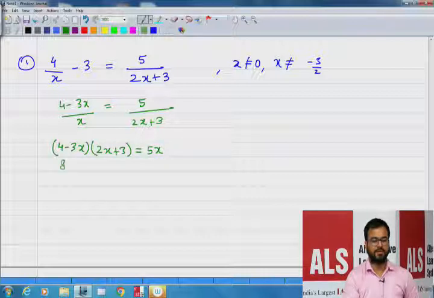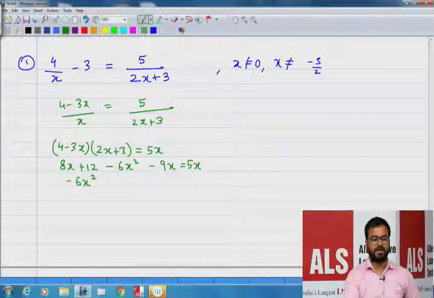Simplifying this as 8x plus 12 minus 6x square minus 9x is equal to 5x. So minus 6x square and 8 minus 9, that is minus 1, and this 5 will go on the left hand side, so minus 6x square minus 6x plus 12 is equal to 0.